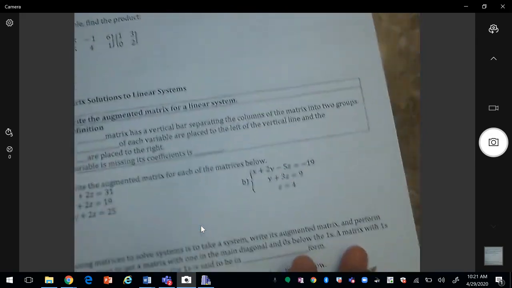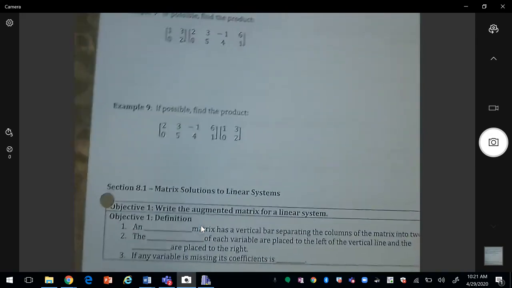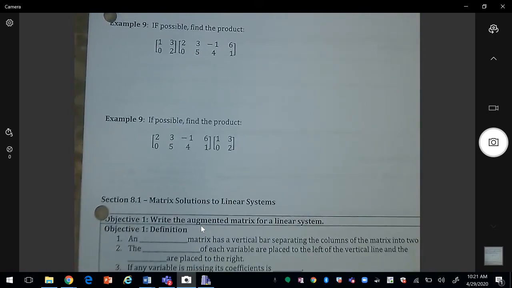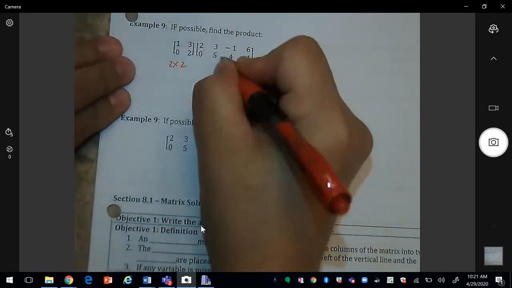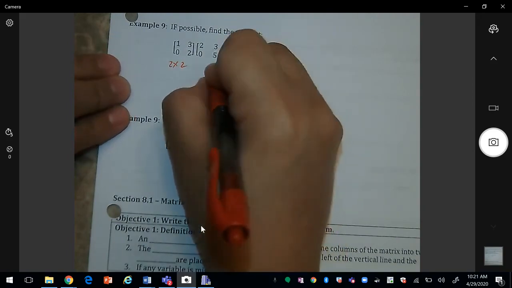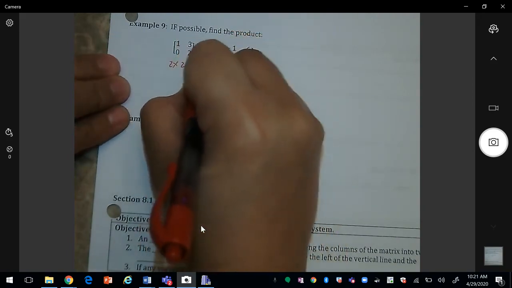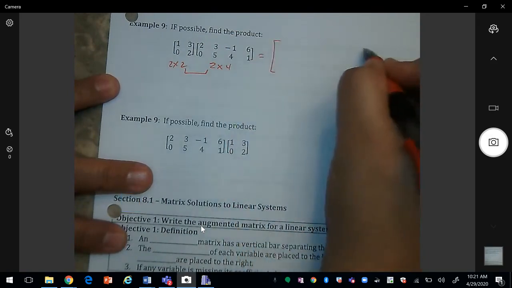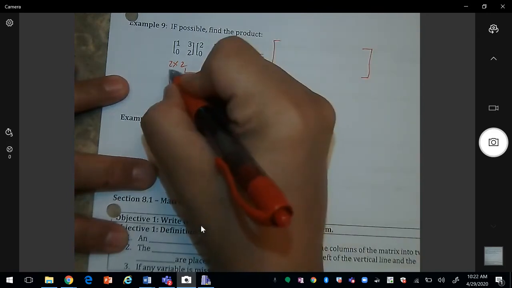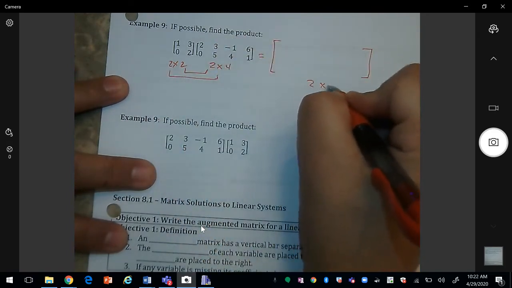Let's go on to example 9. The order of the first matrix is 2 by 2. The second matrix here is 2 by 4. So these are the same, which means that when we're done multiplying, we should have a matrix that is a 2 by 4.